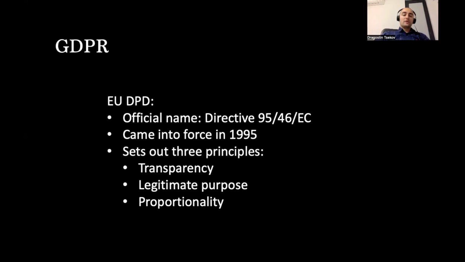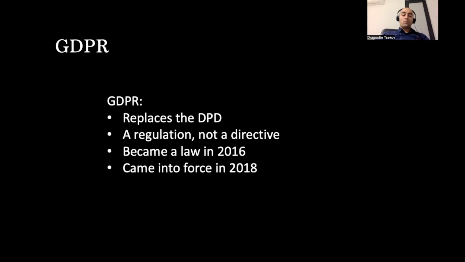So first of all, the DPD came into force in 1995, and it did set out three principles: transparency, legitimate purpose, and proportionality. While the GDPR, which obviously replaces the DPD, actually became a law in 2016 and came into force in 2018. So there was a 2 year grace period.